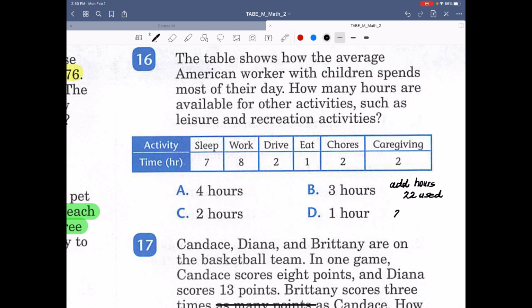There are 24 hours in a day, so 24 minus 22 leaves 2 hours for other things. So for number 16, I like C. Now we have to know how many hours are in a day in order to solve that.